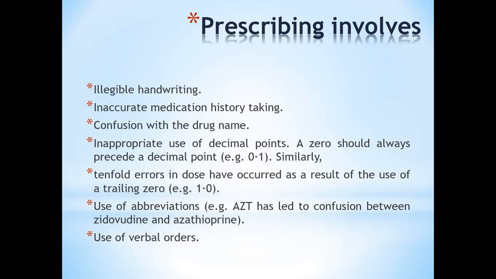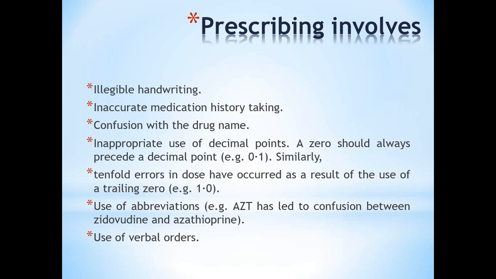A zero should always precede a decimal point. If the decimal is like this, that is 0.1, then the 0 should be written there. Similarly, tenfold errors have occurred as a result of trailing zeros being used, while the preceding zero should be mentioned. The use of an abbreviation, AZT, has led to confusion between zidovudine and azathioprine, so abbreviations or acronyms should not be used when prescribing medicine.